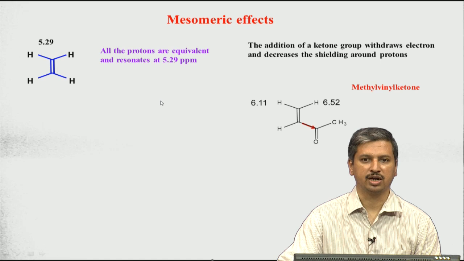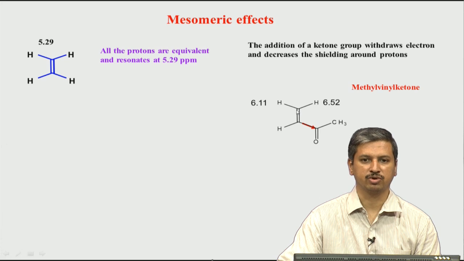Let us say we add a ketone group to this molecule. So, this is the original molecule. The values of the hydrogens are all the same, they come at around 5.3 ppm, but when I attach a ketone, which is an electron withdrawing group, the electron density is withdrawn towards it, and a positive charge is accumulated here.